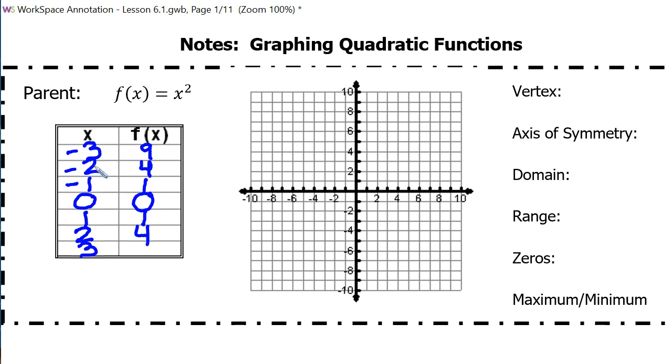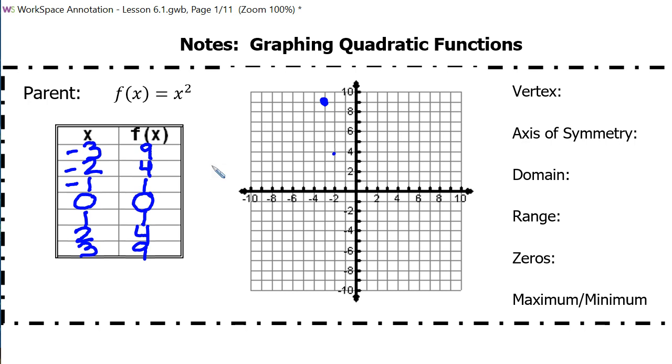9. Now that we have the table of values, we're going to take those ordered pairs from that table and plot them on the coordinate grid out to the side. The first one is -3, 9. So find -3, go up to 9. The next one is -2, 4. Find -2, go up to 4.